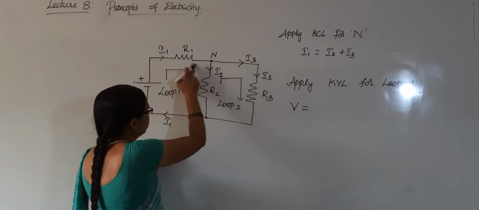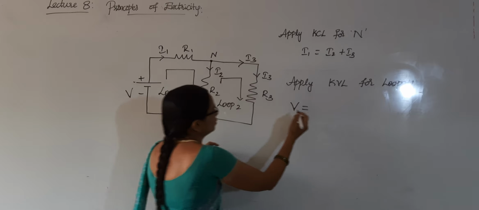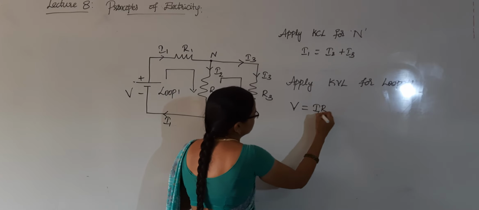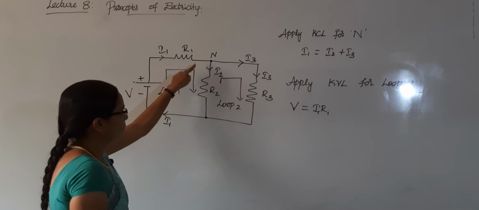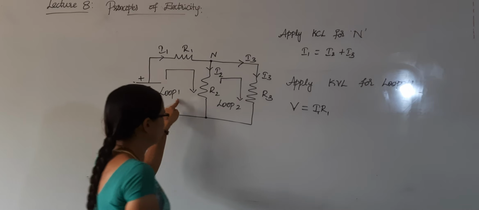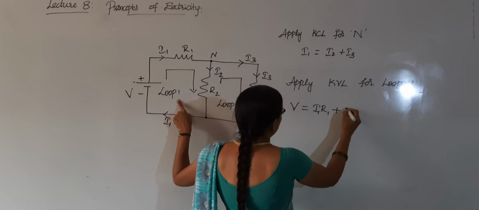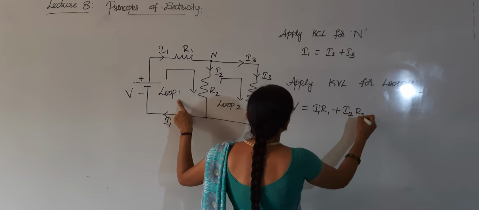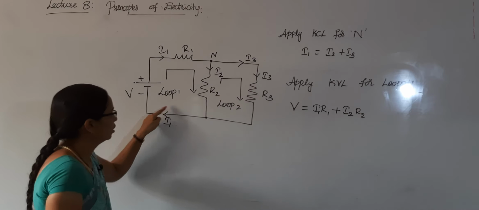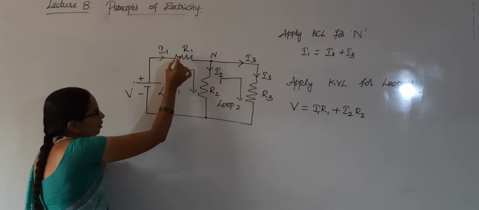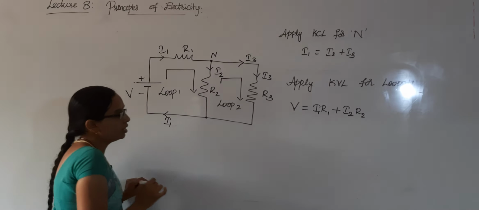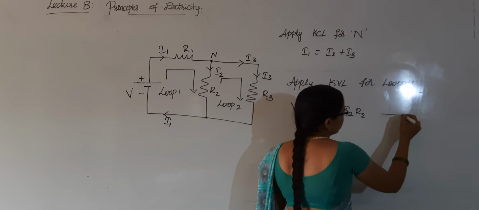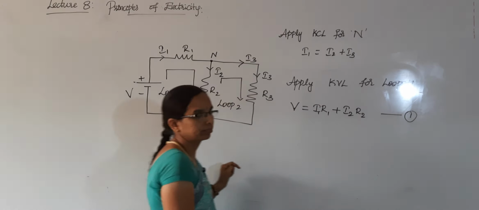V is equal to I1 R1 plus, moving like this in this loop, I2 R2. V is equal to I1 R1 plus I2 R2. Okay, call this equation 1.